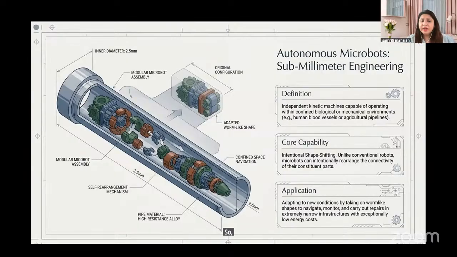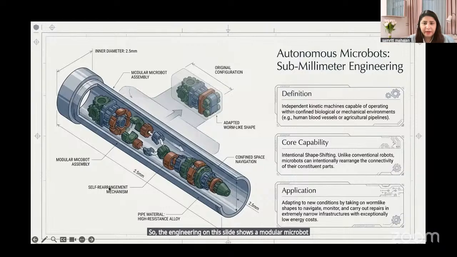The engineering on this slide shows a modular microbot assembly, and inside we can see a 2.5 mm pipe made of high resistance alloy. The key capability you are looking at is intentional shape shifting.